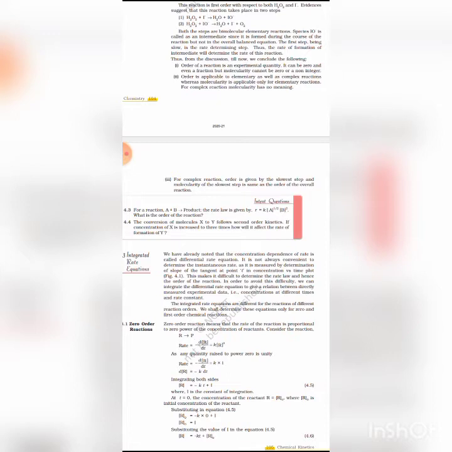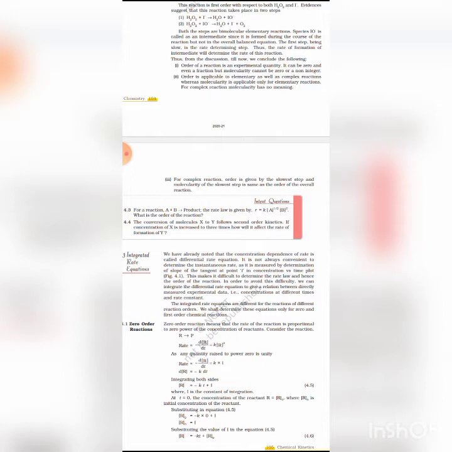Intermediates: the species which are produced in one step and consumed in another are called intermediates.